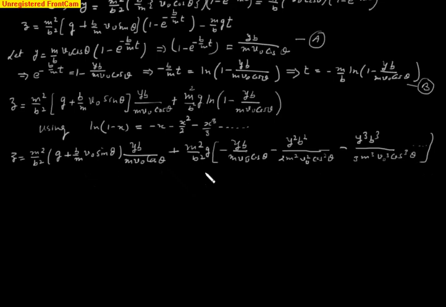So these are the terms we are left with. Now I have to multiply this term inside and open the bracket, and here also we can multiply this term inside and open the bracket.